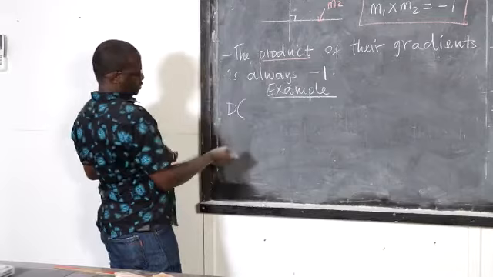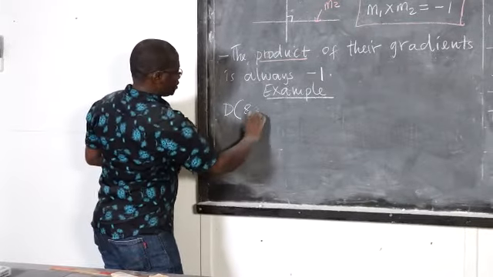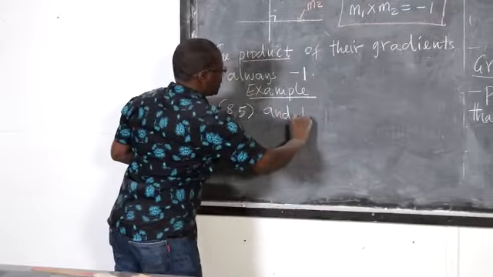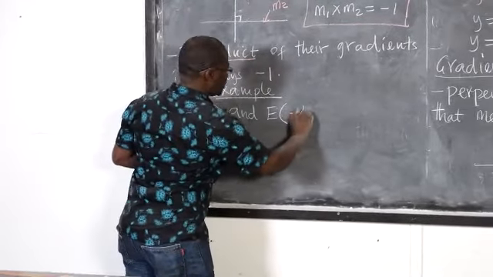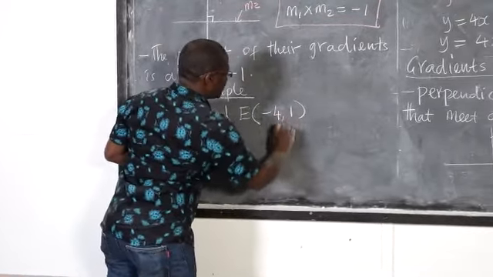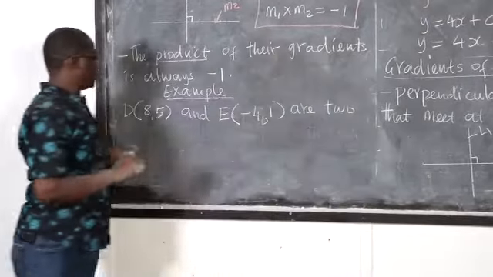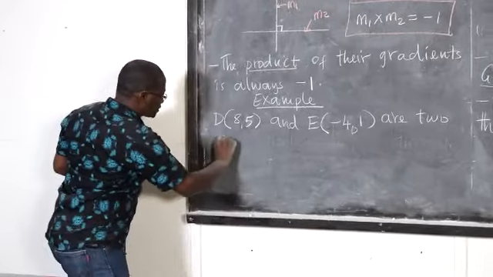So D 8.5 and E -4.1. So these are 2 points. D and E are 2 points.